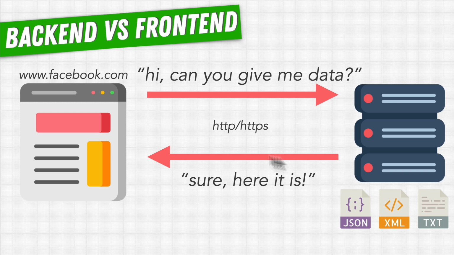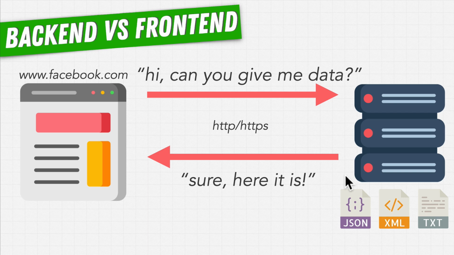Now, you might be asking, why do we need the server to send us data at all? Why don't we just keep the data in the front end and do everything there? Well, on the server, we do things that we can't or shouldn't do on the browser. Things like security, logging our users in, and input validation, where the client can send us data that we don't expect, and we need to make sure that it matches our needs.